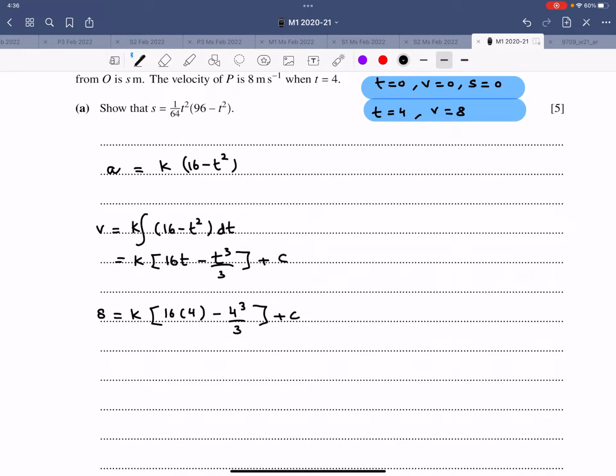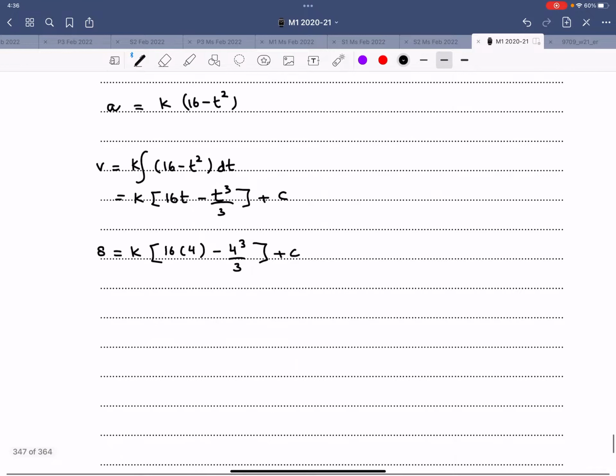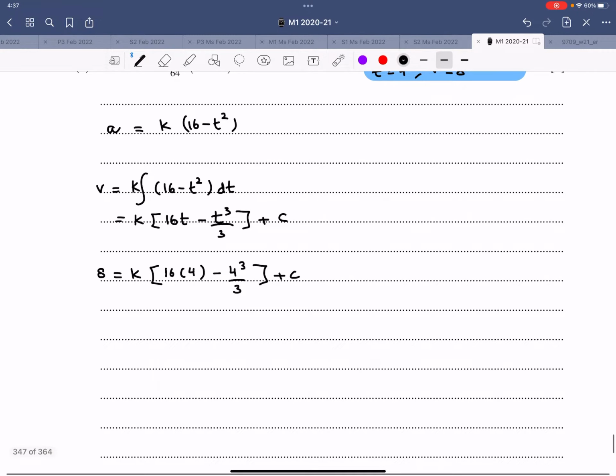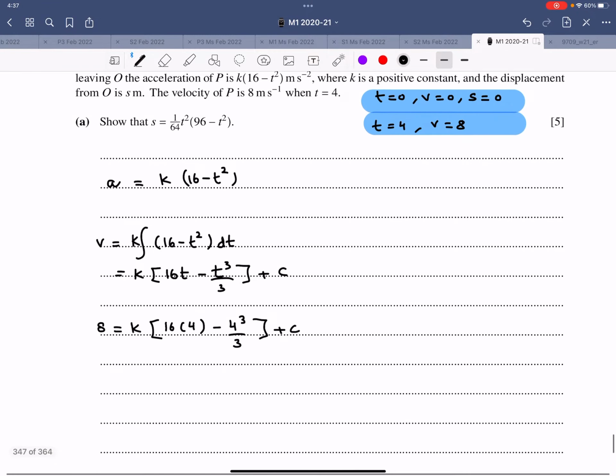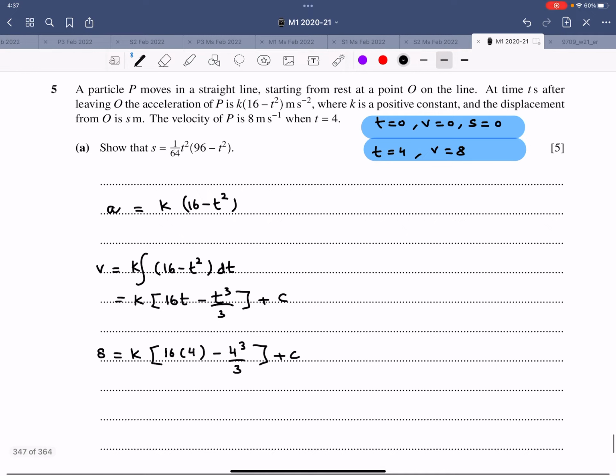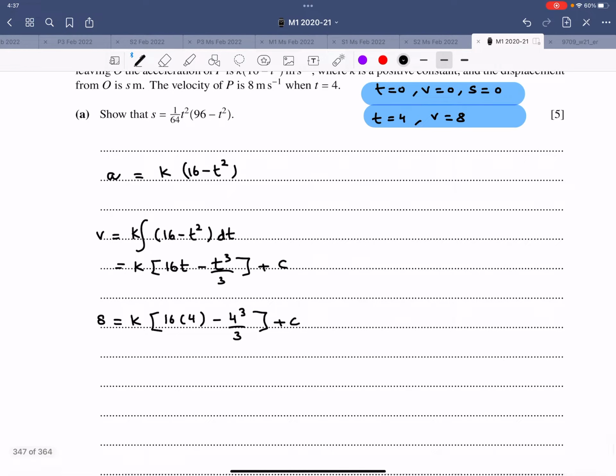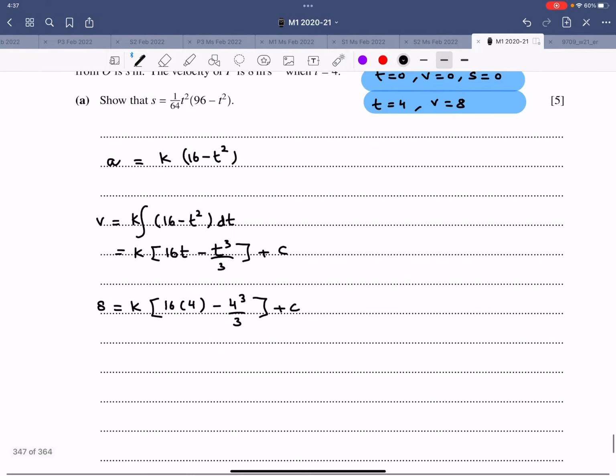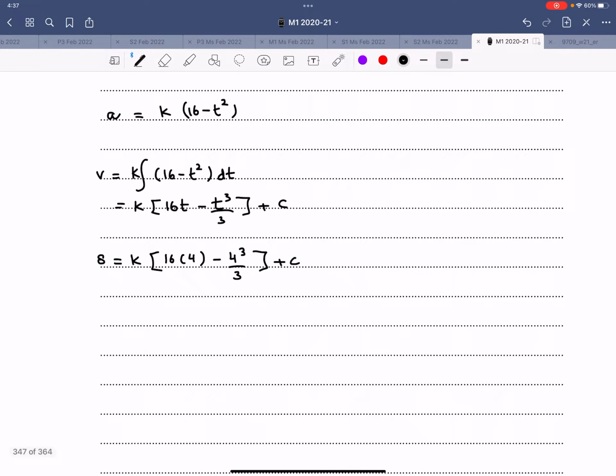When you simplify it, 64 minus 64 over 3 and so on. Do we have k? We don't have k. So what equations do we need? Basically, it's forming two simultaneous equations.